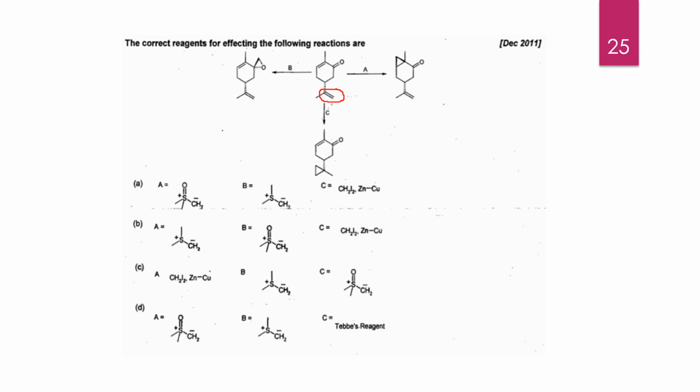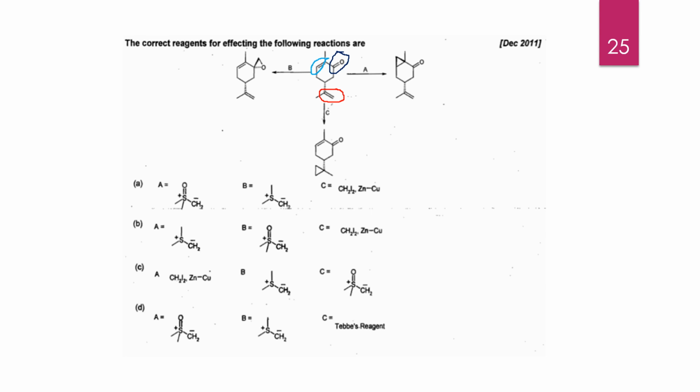There are three types of unsaturation. So what I have just taught: when this type of electron rich double bond undergoes cyclopropanation, what type of reagent do you use? Simmons-Smith reagent.